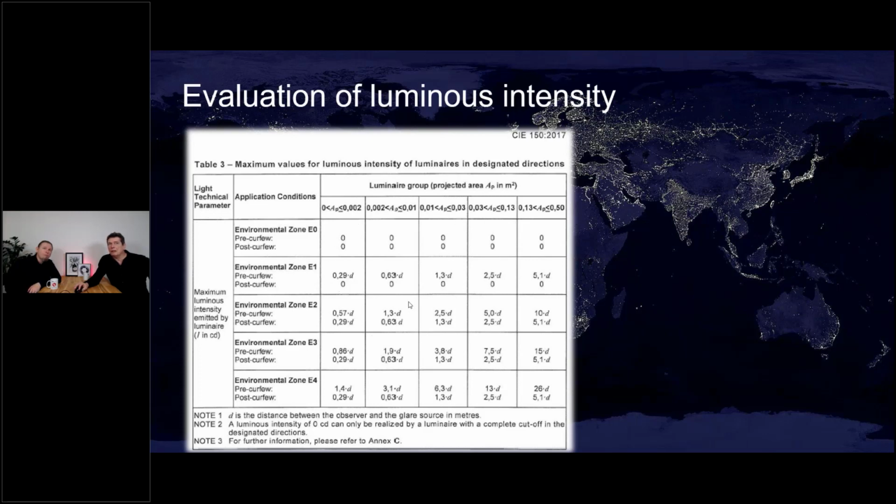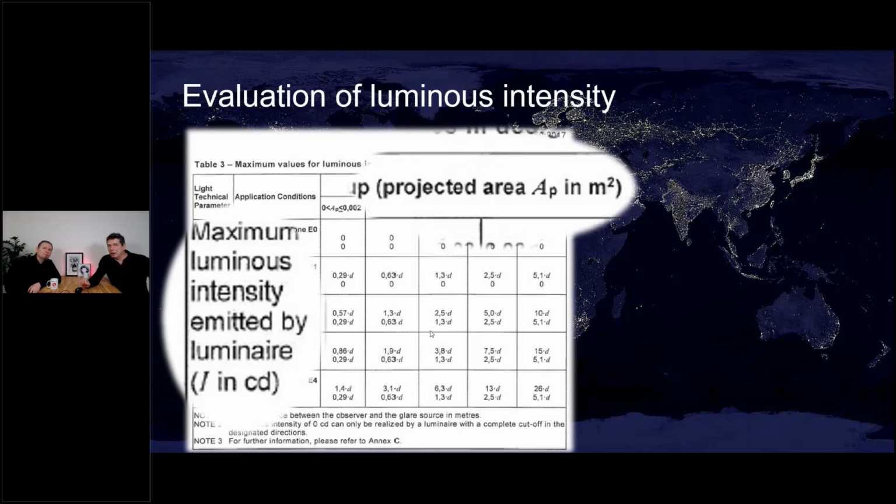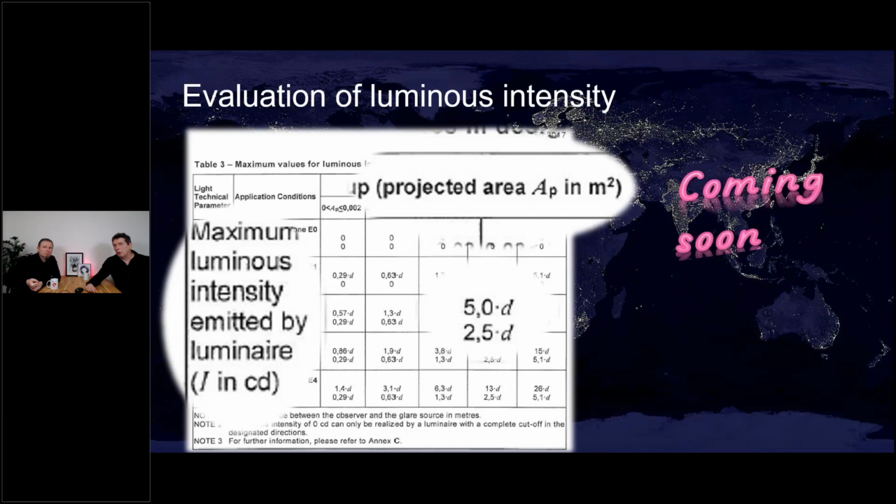It defines the maximum luminous intensity of each luminaire in candela, related to the projected area of the luminaire and also to the distance. So we do not have one specific value for the complete situation. It will be different for each kind of luminaire, so on each light point.